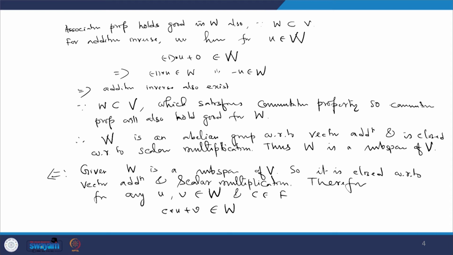If I write cu + v, it means there is a binary operation, scalar multiplication, between c and u. So from now onwards I will use cu + v belongs to W, with your permission.